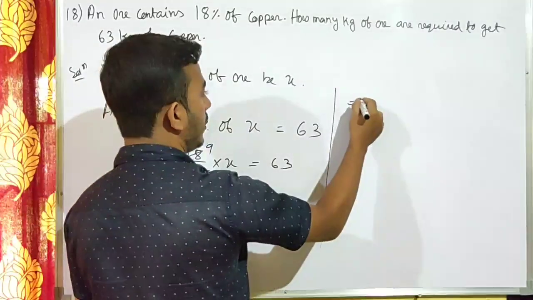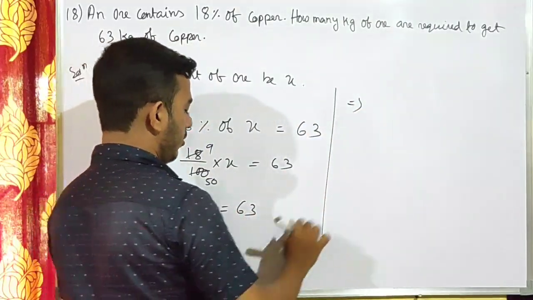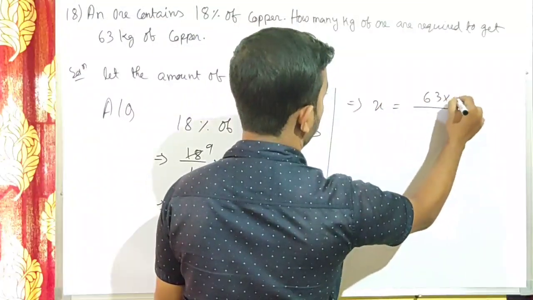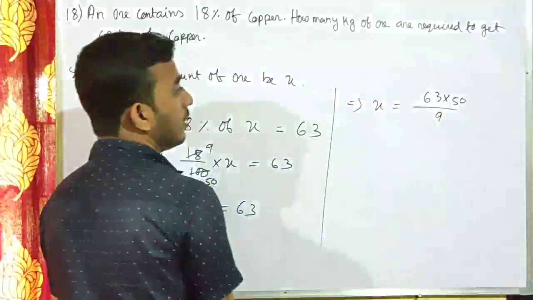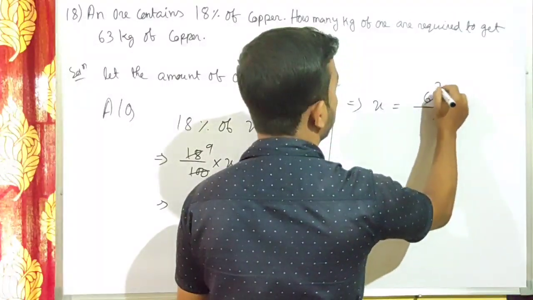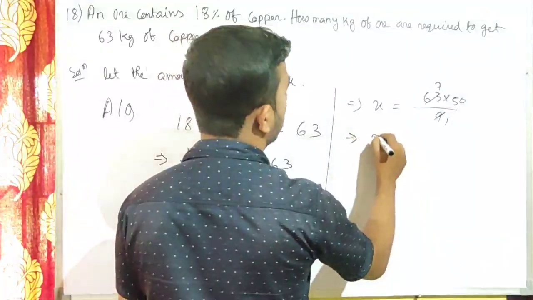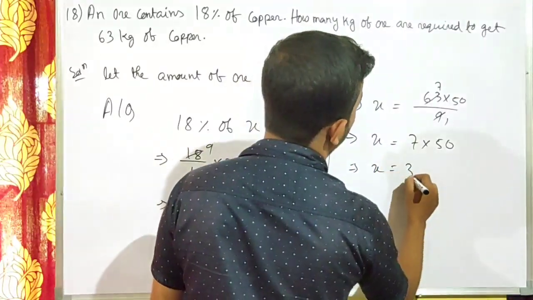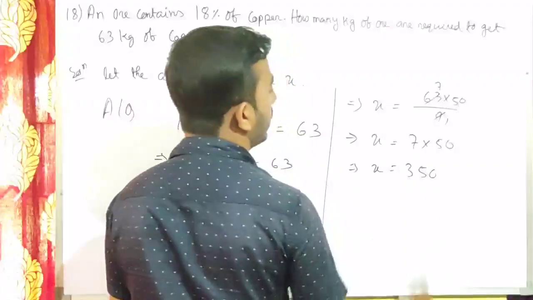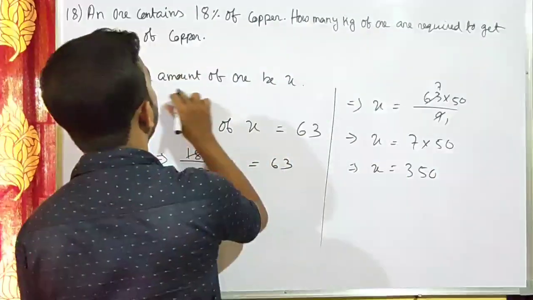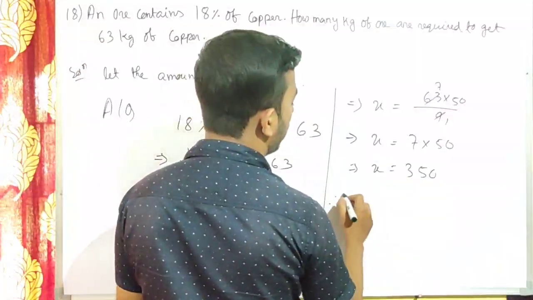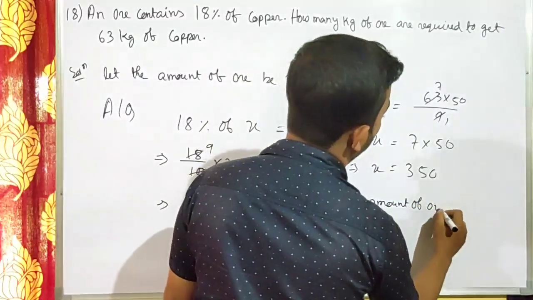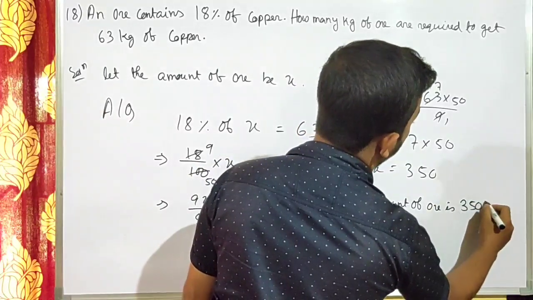Now cross multiply: x equals 63 into 50 divided by 9. 9 into 7 is 63, so x equals 7 into 50, which is 350. x is the amount of ore, therefore the amount of ore is 350 kg.